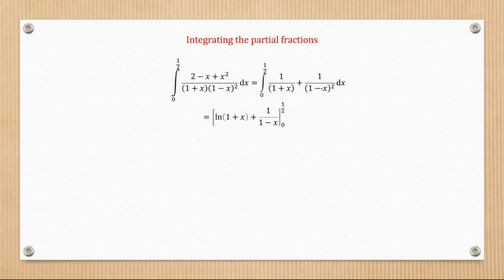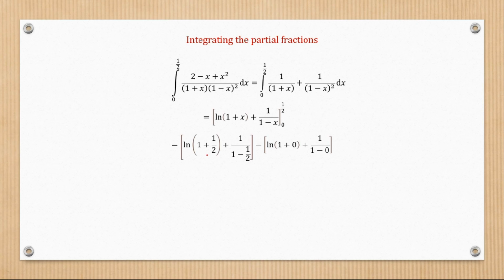We will make u be equal to 1 minus x. So the integral of 1 over u squared will give you 1 over 1 minus x, and that's going to be our portion for that. And then remember that we have limits that we have to insert in. So this is what we're going to have.